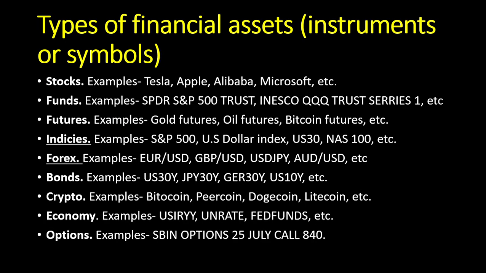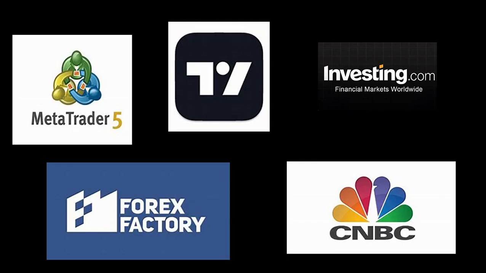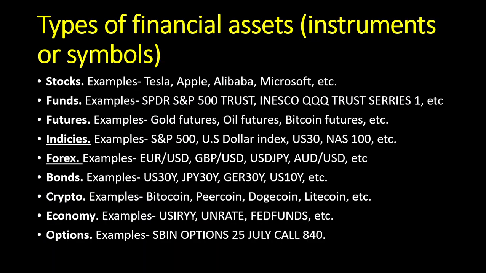So what are the types of financial assets? These assets are sometimes called instruments and sometimes are called symbols. So these are the types of financial assets. We have stocks. Examples include Tesla, Apple, Alibaba, Microsoft, and many more.